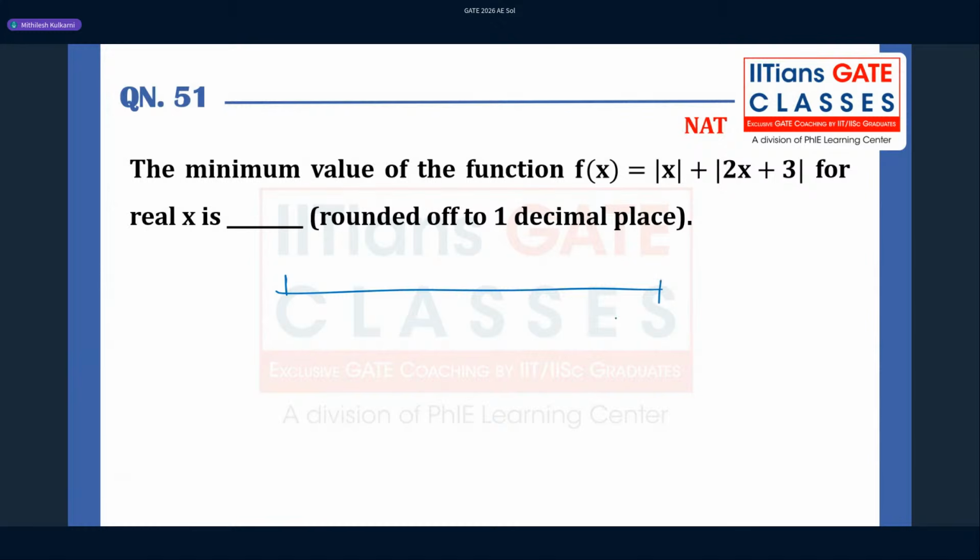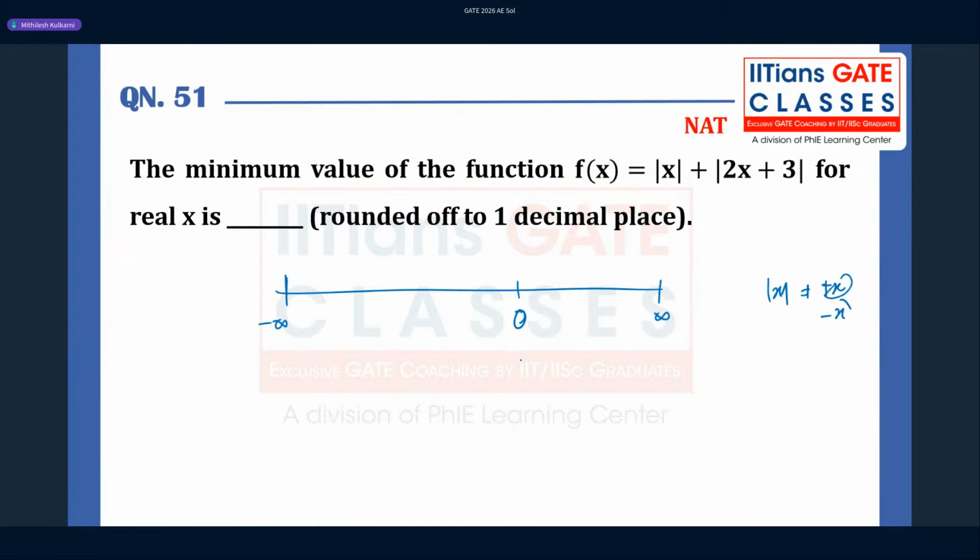So if you consider the range minus infinity to plus infinity, this function will change the sign. Okay, so at x is equal to 0, first of all, because we know mod of x is what? Mod of x can be either plus x or minus x. The function you have to write either as plus x or minus x, right?